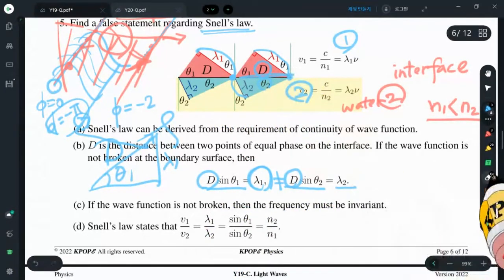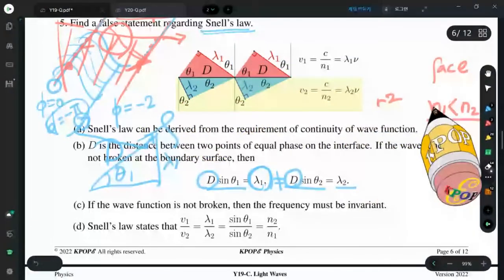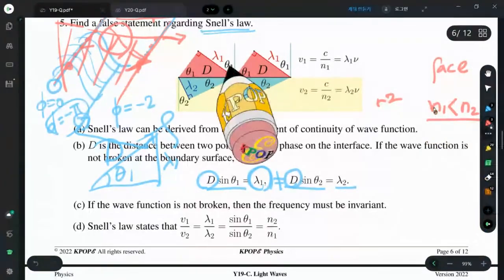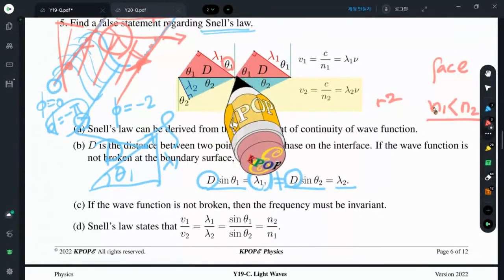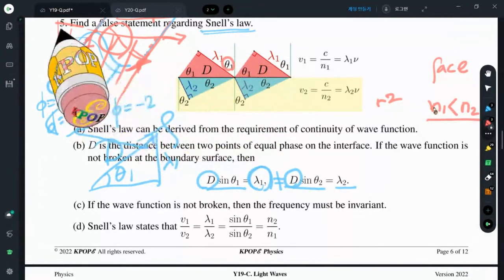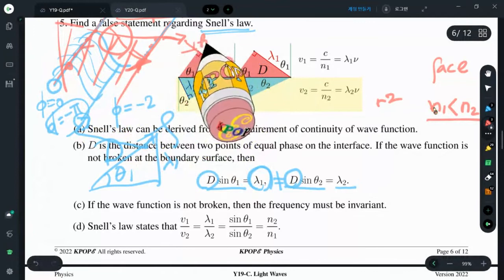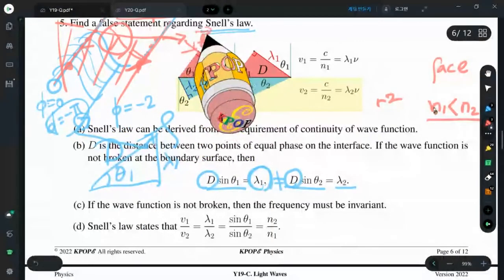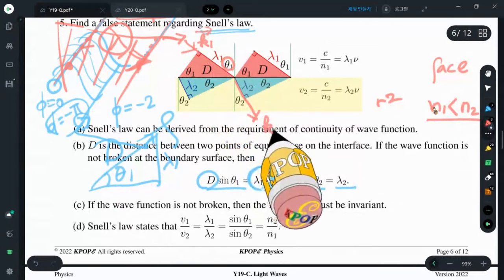And we know the angle of incidence. The angle of incidence is represented by this angle. This is the wave vector K1. This is the wave vector K2.